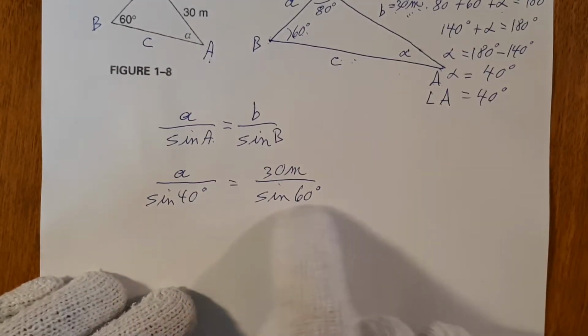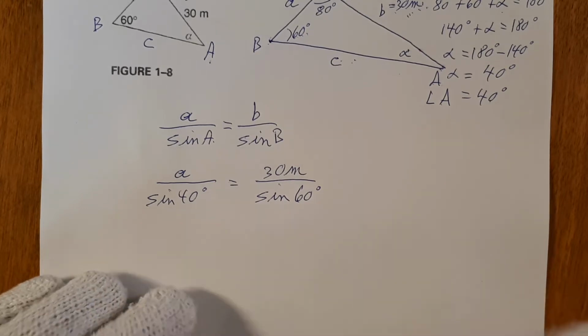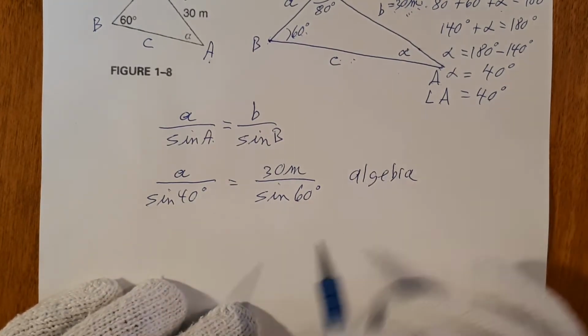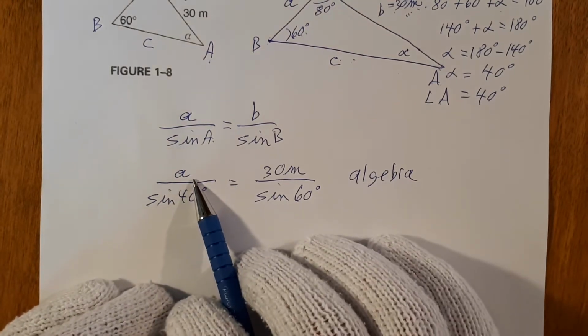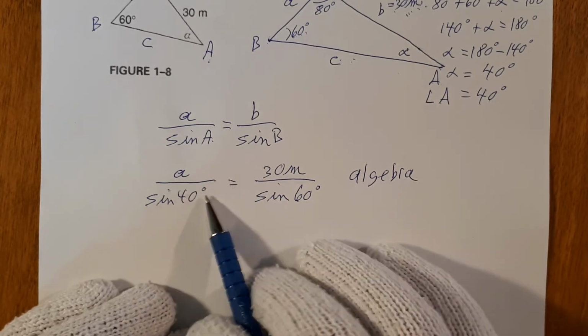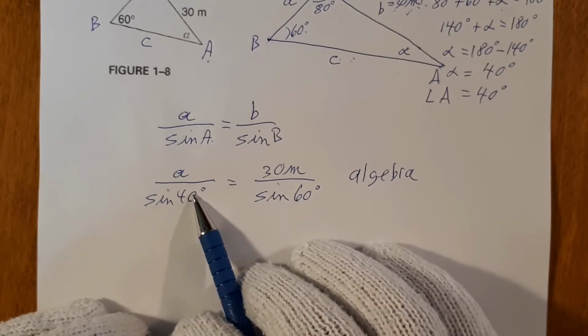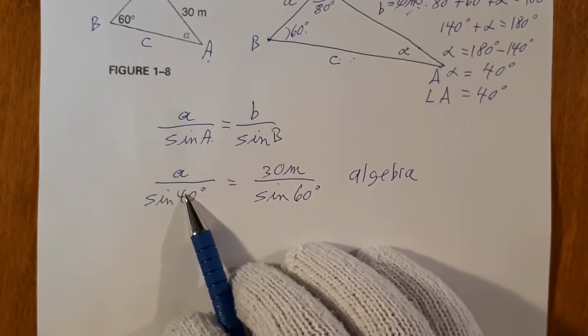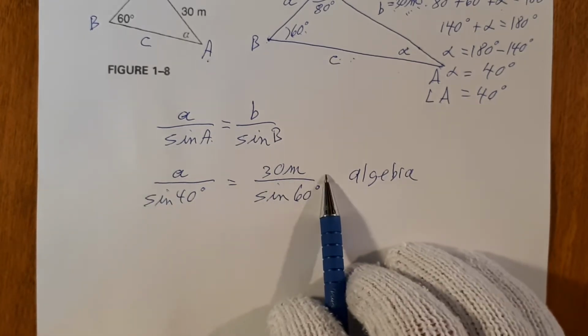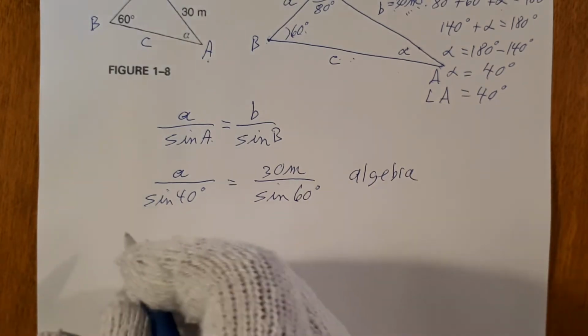The equation is now set up. We just have to do a little bit of algebra in order to solve for A. A couple of ways we can do this. We can cross multiply, or we can just simply take sine 40. It's being divided here, so we can multiply sine 40 on this side, multiply sine 40 on the right hand side. It would look like this.